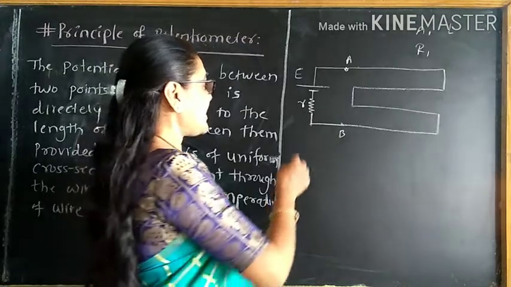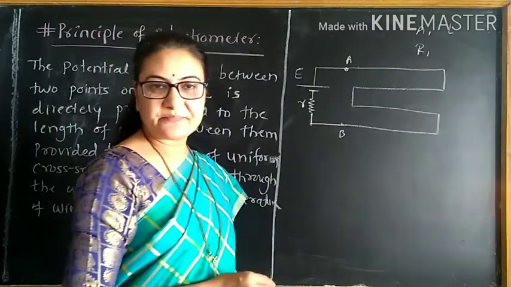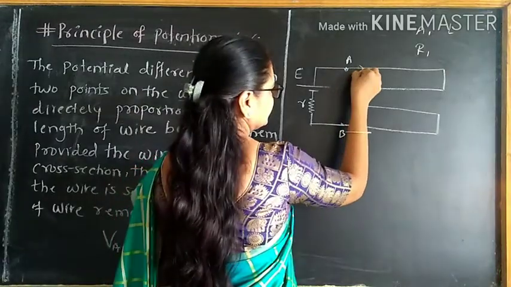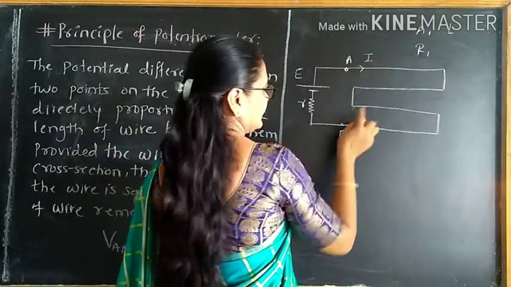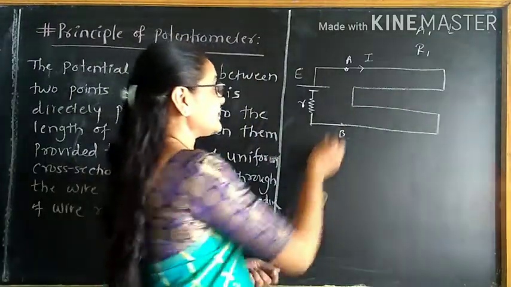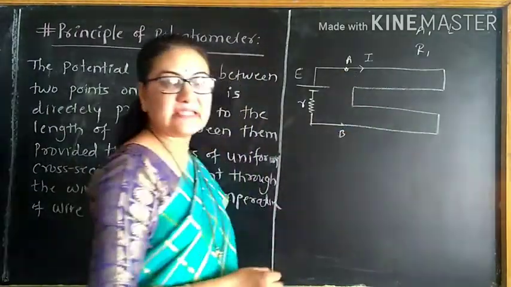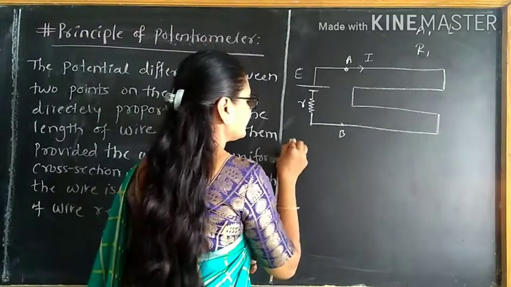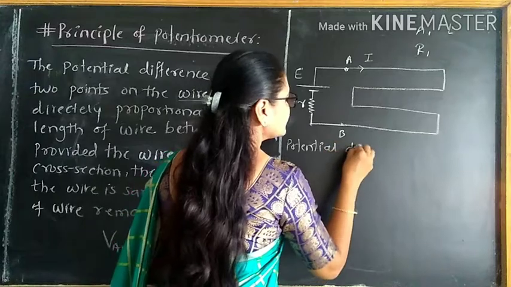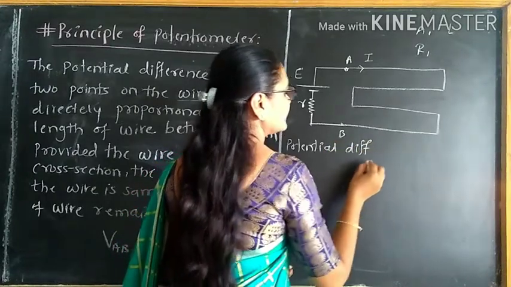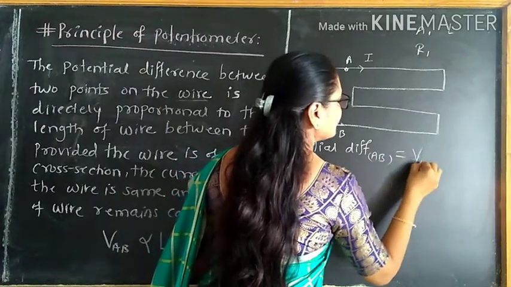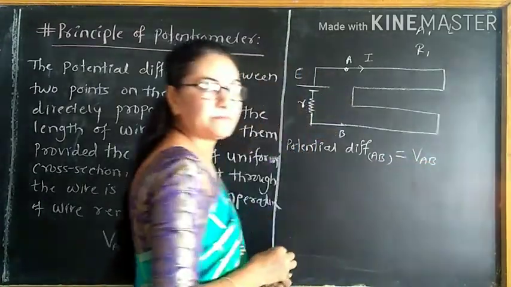Now, pass a certain current through this wire. Suppose current I is flowing through this wire. This wire has a resistance R. Now, the potential difference between points A and B is nothing but VAB.